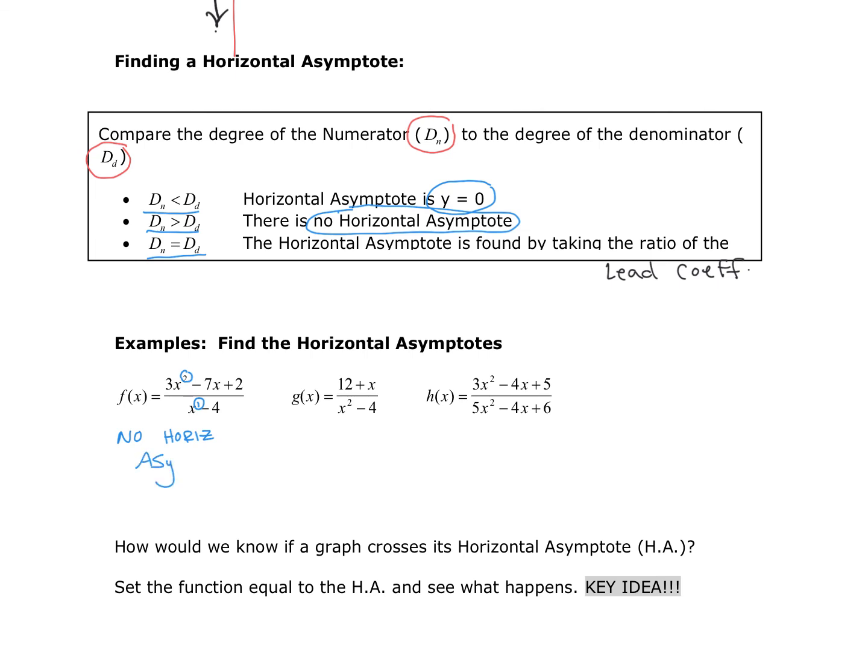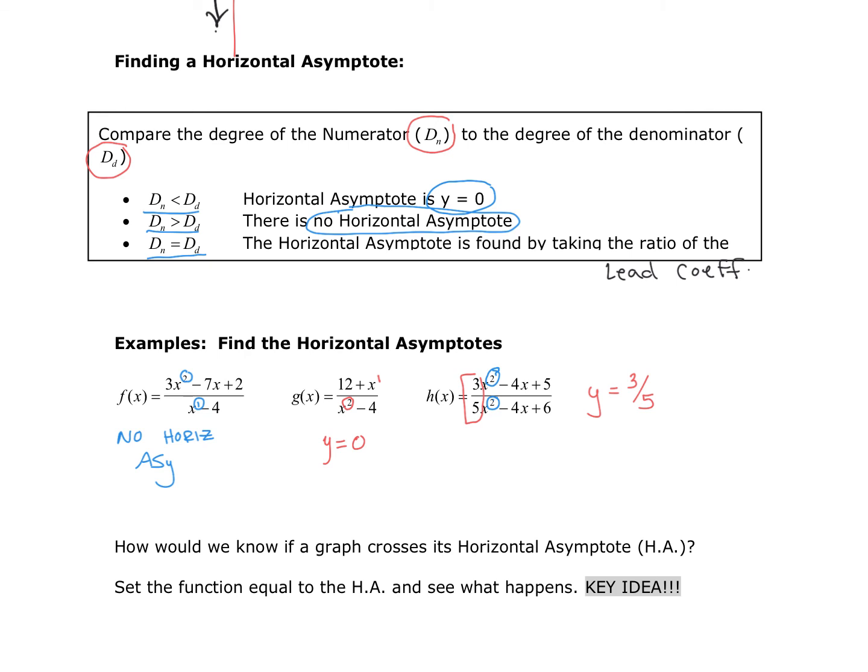In this particular one, the degree of the numerator is 1, the degree of the denominator is 2, and so it's bottom heavy, it's going to be at y equals 0. For this last example, the degree of the numerator is 2, and the degree of the denominator is also 2, so we take the ratio of the lead coefficients and we get a horizontal asymptote of y equals 3/5.